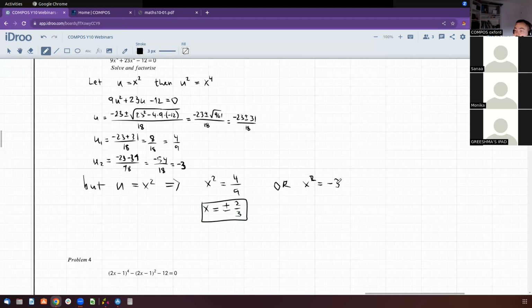And x squared equals -3 is not possible, so x belongs to an empty set because there are no solutions. Therefore, the answer is x1 is 2/3 and x2 is -2/3. That's it.